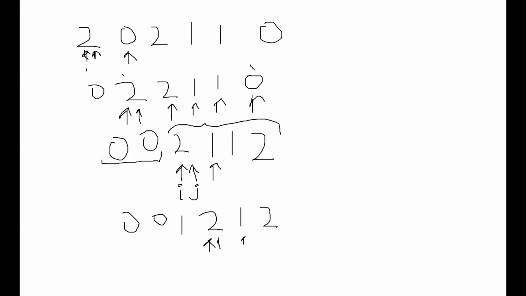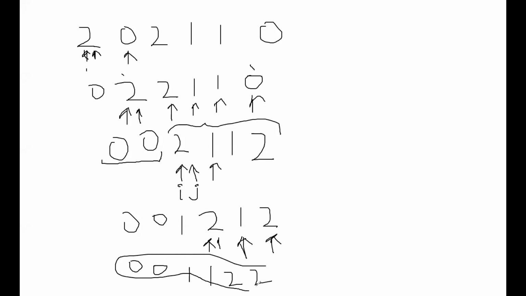Then move j one index. We again find a 1, swap them: 0, 0, 1, 1, 2, 2. Keep going. We reach the end. We are good. So in the 2 passes, all the numbers are sorted, or moved to the location that we wanted.